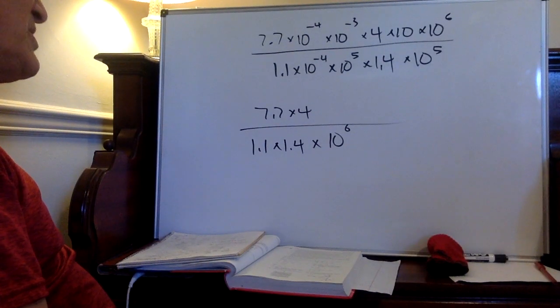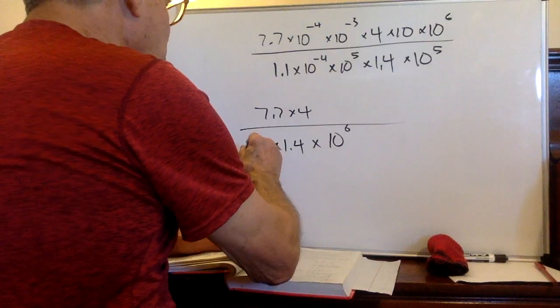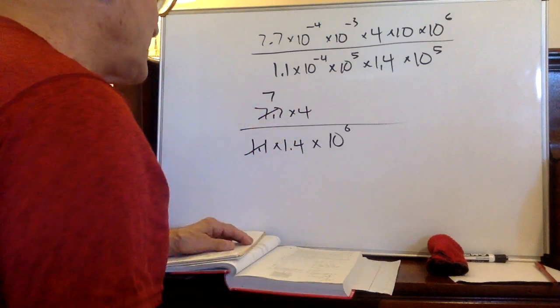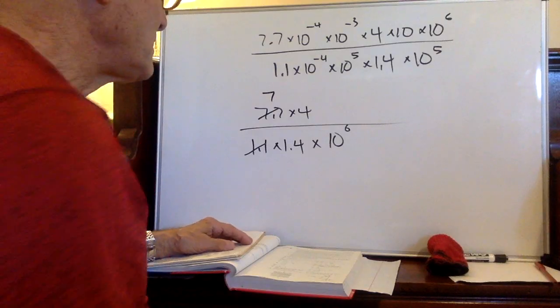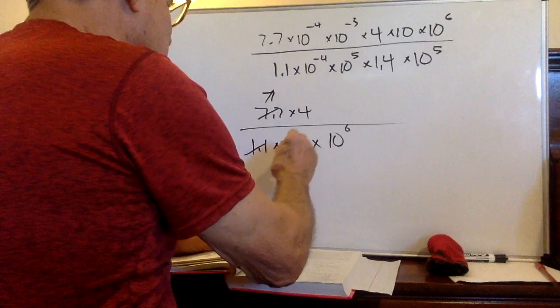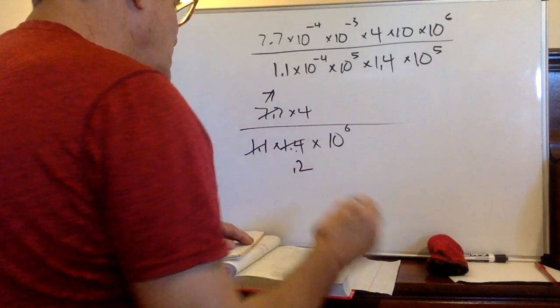Okay, now start simplifying. 1.1 goes into 7.7 7 times. 7 goes into 1.4, 0.2 times.